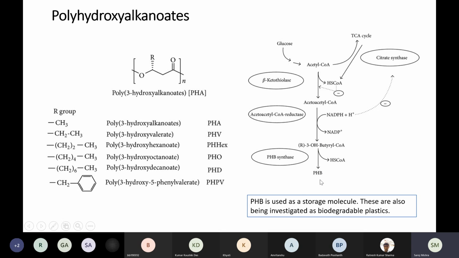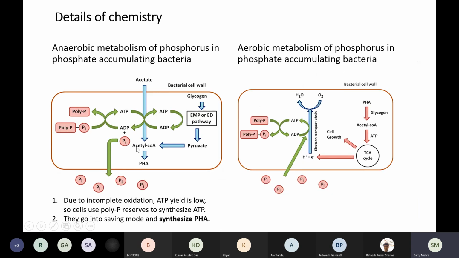As a result, you have PHB. So PHB, polyhydroxybutyrate, is used as a storage molecule inside the cell. This allows you to understand how the acetyl coenzyme A which you have available can be converted into PHA.